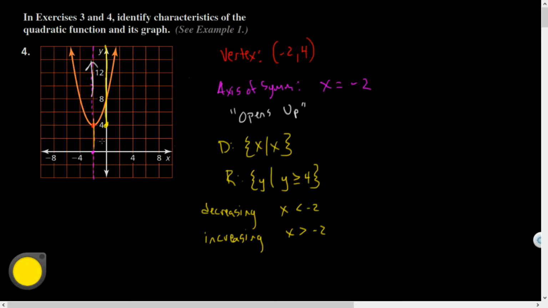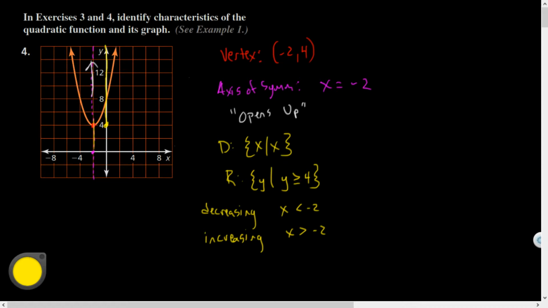What if I ask you, does this parabola have any x-intercepts? Does it cross the x-axis? It looks like it crosses the y-axis.